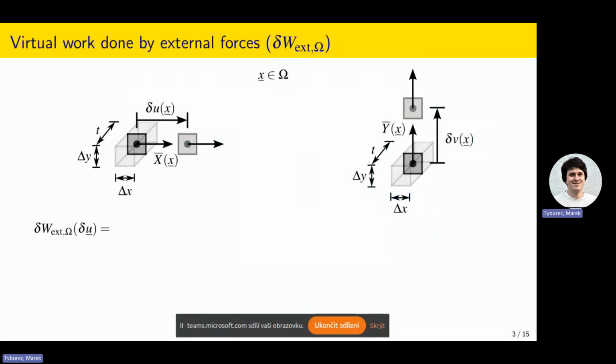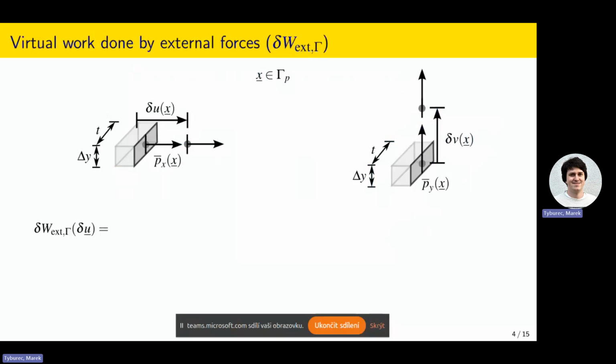Okay, great. If yes, then we can do the same procedure, but now for another type of forces. Now we will prescribe tractions on the boundaries. Those should be denoted by p over line x and p over line y.